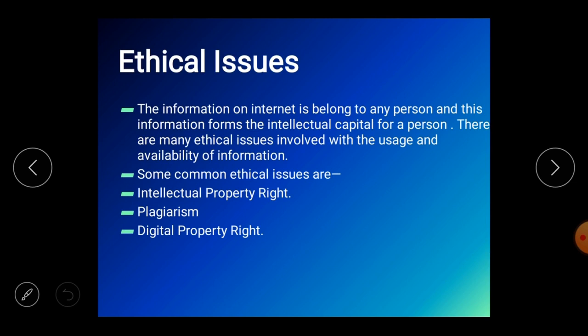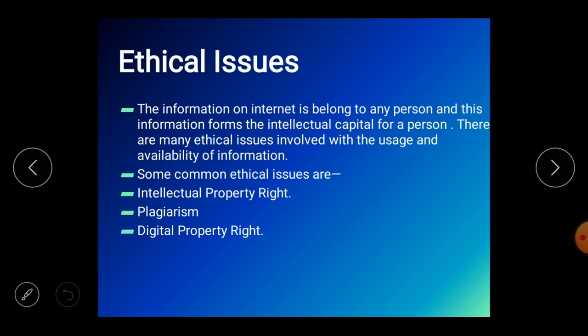Now here we are talking about some ethical issues. Before starting with the ethical issues, you should know what kind of ethical problem one can face on the internet. We all have some data on the internet, in the form of photos on Facebook, messages on WhatsApp, your Instagram account, your Google Drive, and if someone is using your data without your knowledge, without mentioning your name, then this is called piracy.